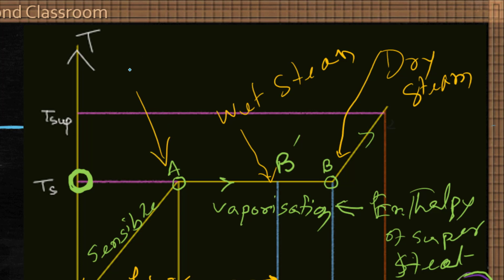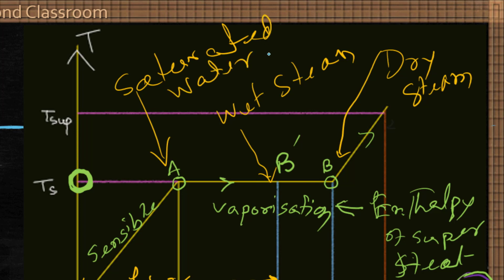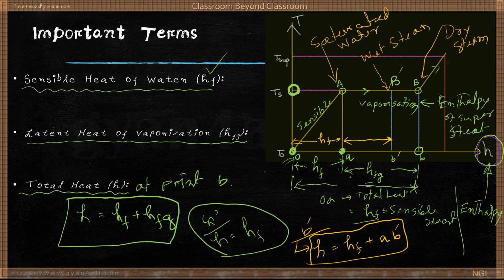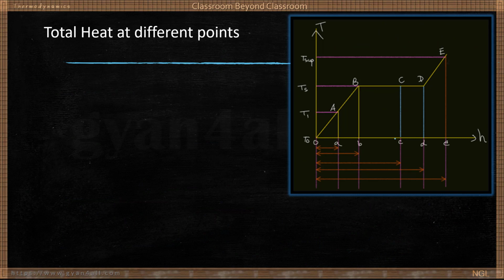And this is saturated water. So I think this is enough for today, okay? Because in the next class we will discuss in detail what we will call this total heat at point B dash, the total heat at different points.